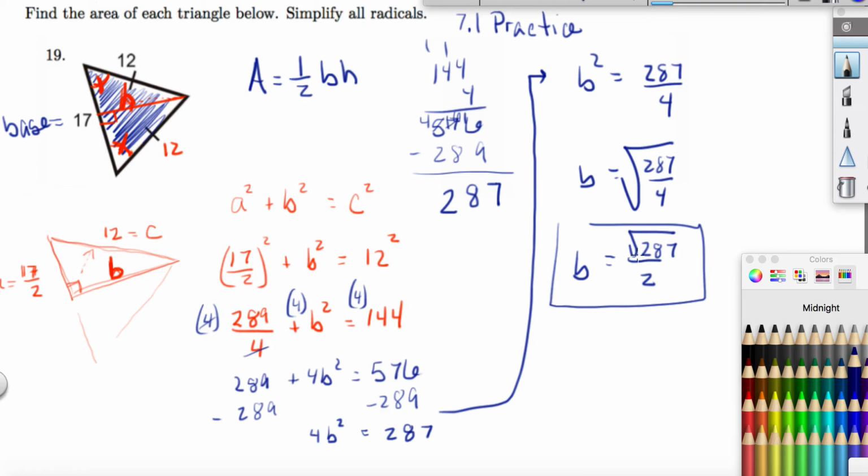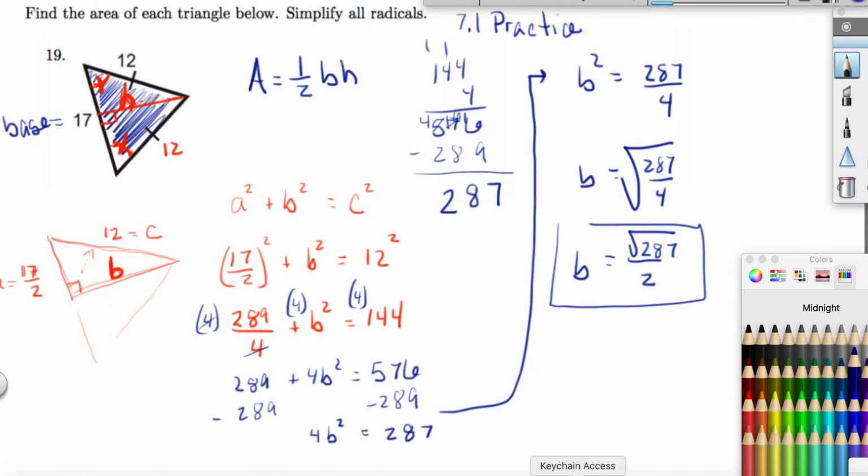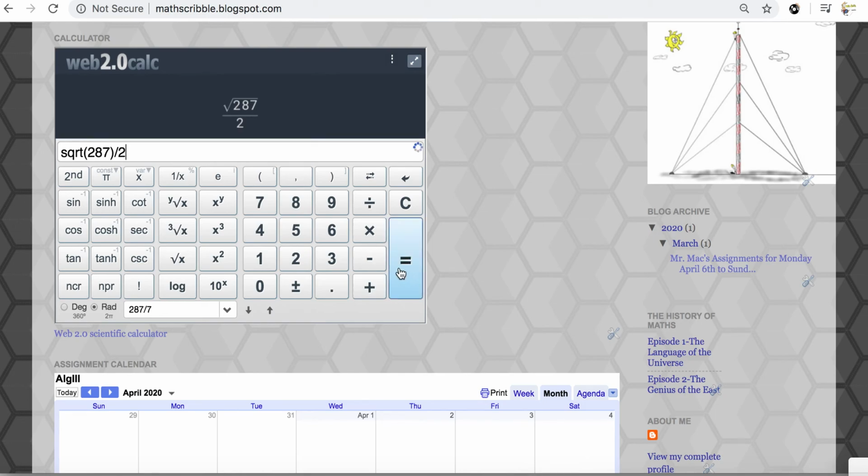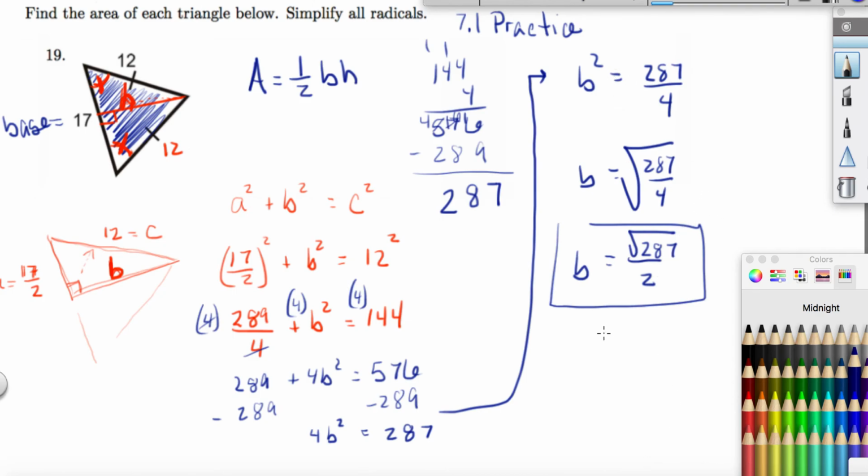That's pretty ugly. Let's see what this is rounded. So square root of 287 divided by 2. That is about 8.47. It's about 8.5.